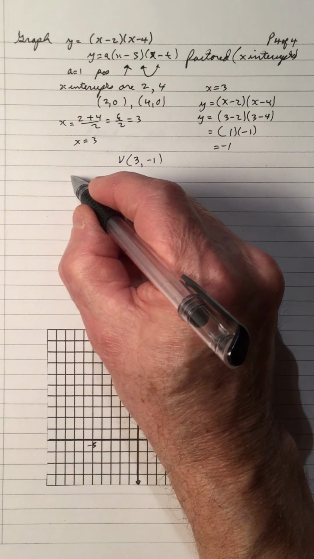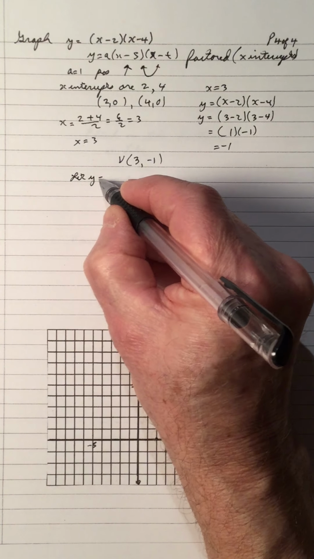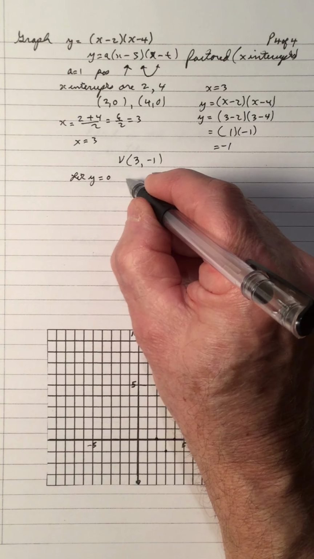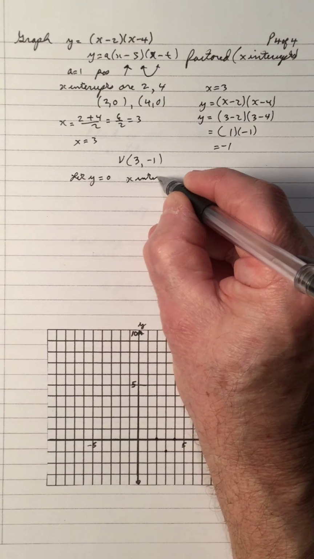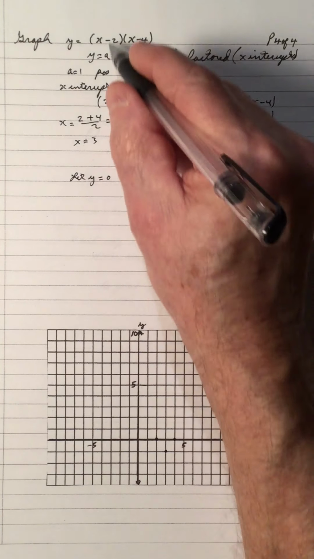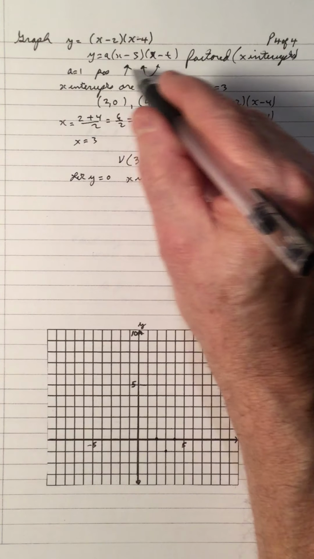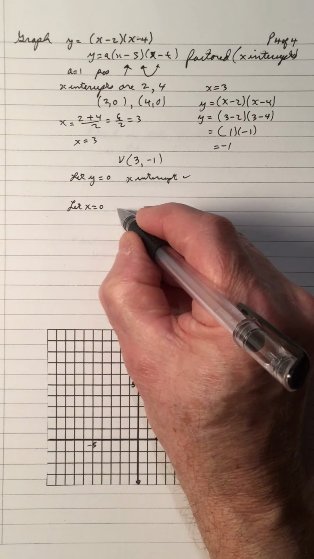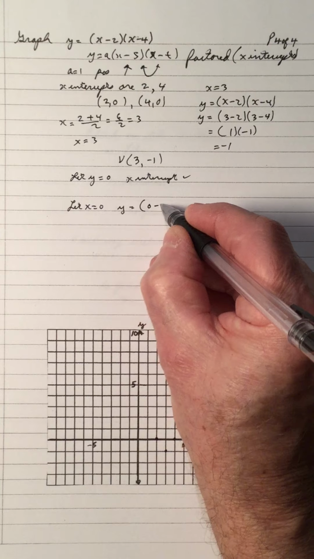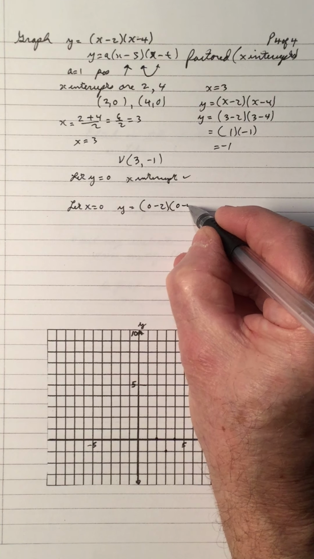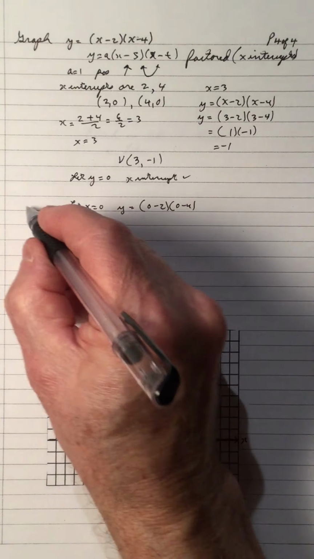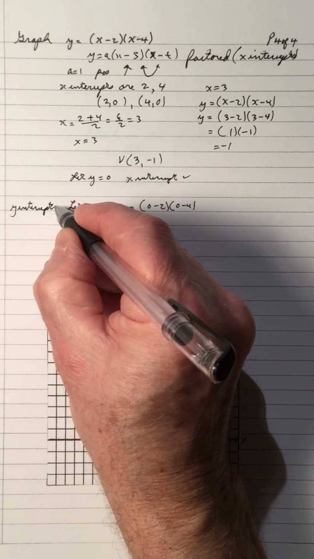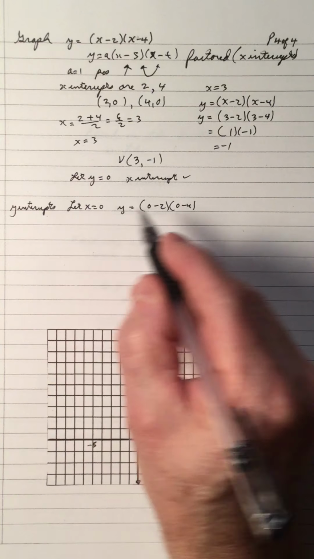Now let's let y = 0. And y = 0 gives us the x-intercepts. We already got that done from up here. Let's let x = 0 in the equation. x = 0 will give us the y-intercept.